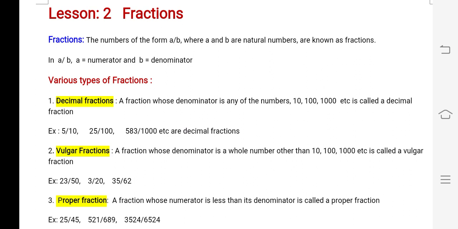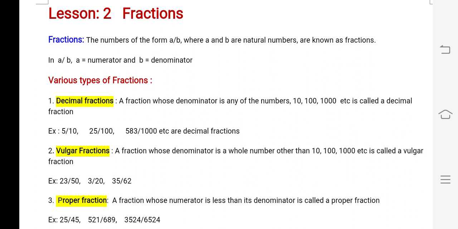That means the denominators will not be powers of 10. It will be another natural number. For example, 23 by 50, 3 by 20, 35 by 62.